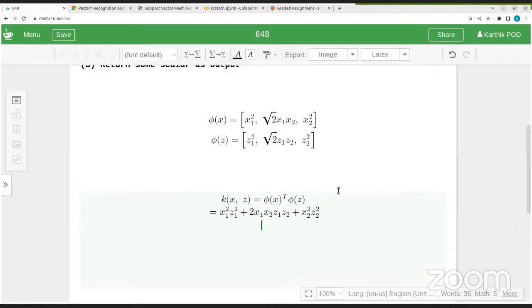So this is what I get. Now this is nothing but x1 z1 plus x2 z2, the whole square. Is that right?